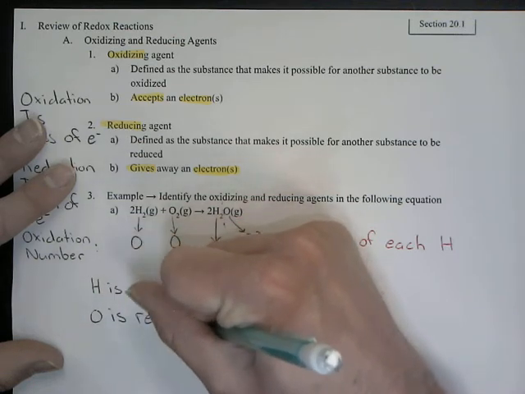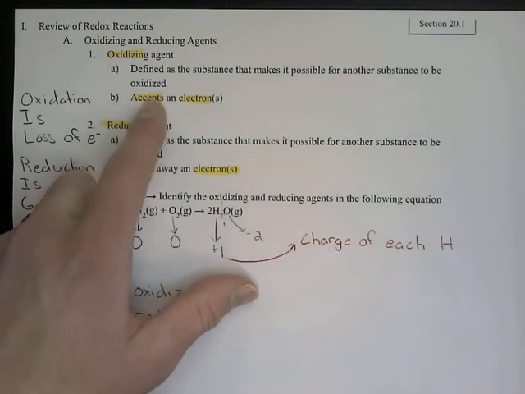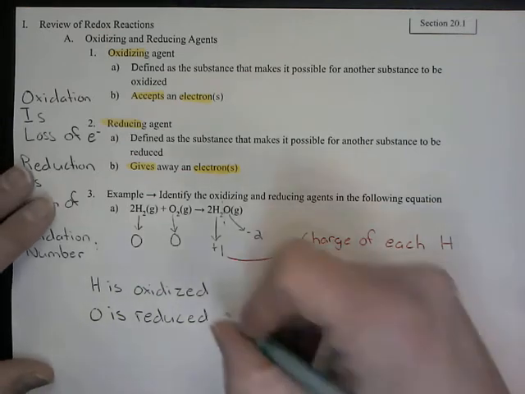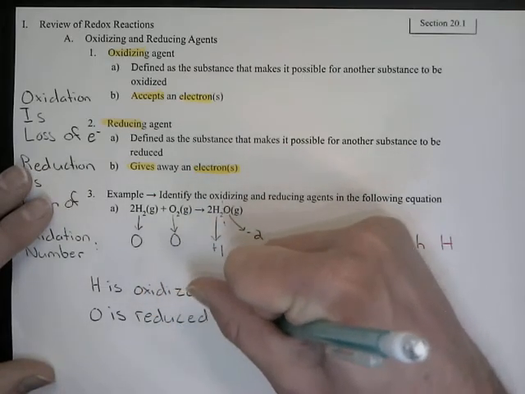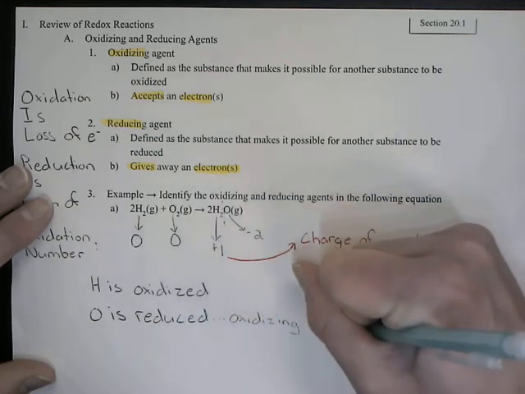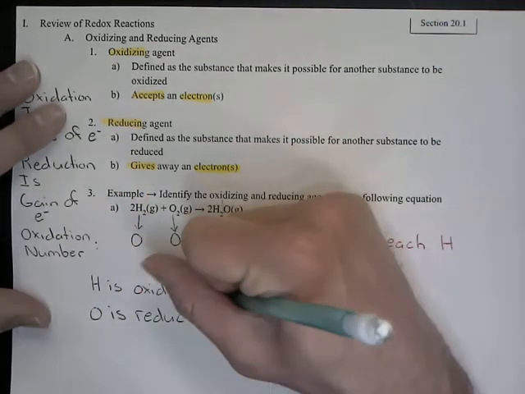Now, we get to this point to actually answer the question, identify the oxidizing and reducing agent. Here it says the oxidizing agent accepts electrons. Well, O accepted electrons to become reduced. So this O is the oxidizing agent. That means H is the reducing agent.